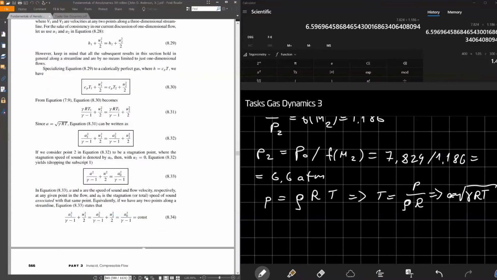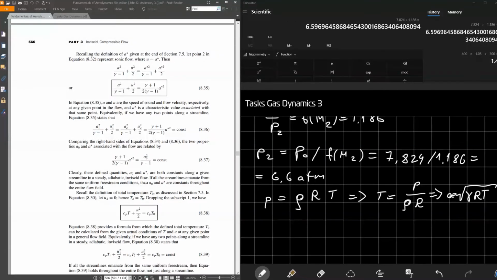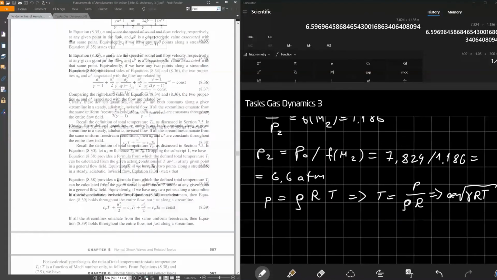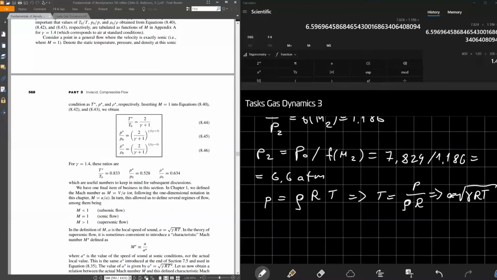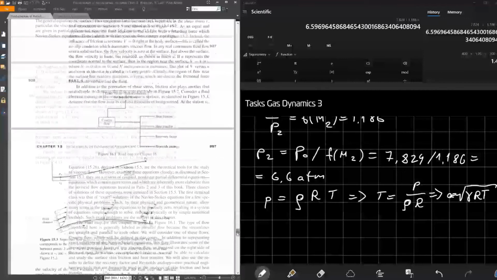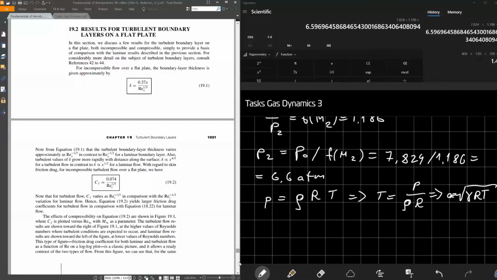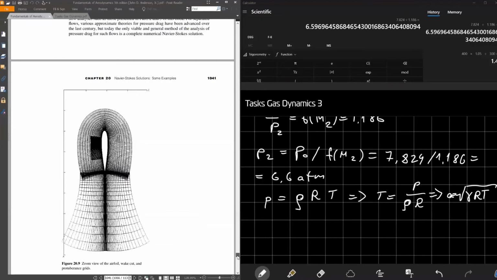You can also do it using relations 8.36, 8.37, and more, there are 8.44, 8.45, 8.46. But you know that I don't like to use such equations in class because it takes a lot of time to calculate. Instead of these relations, I always use the appendix from the book. So we go back to the appendix and we will try to solve this problem using the appendix, not the formulas.